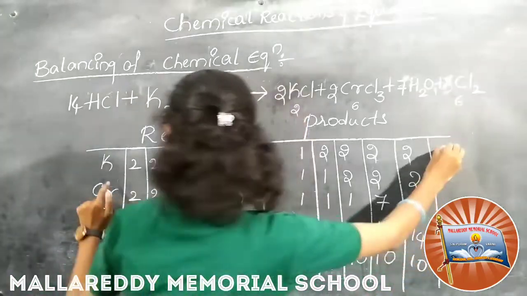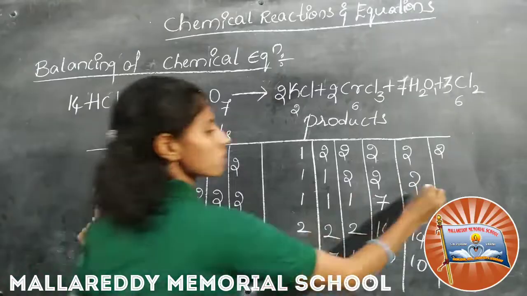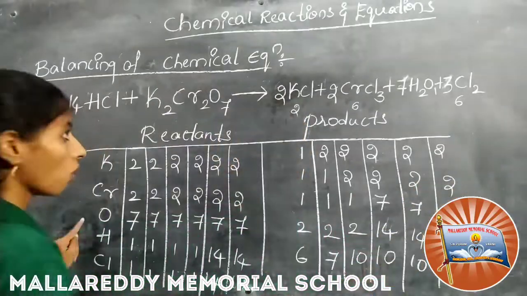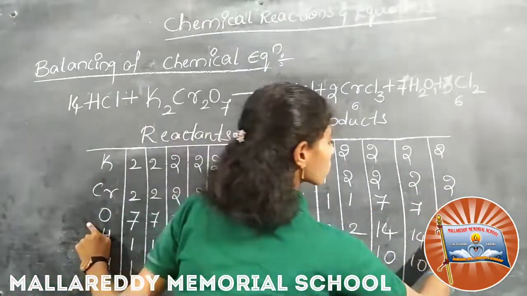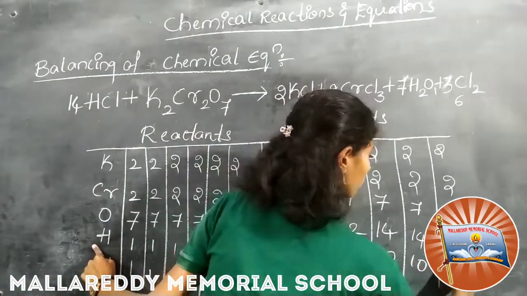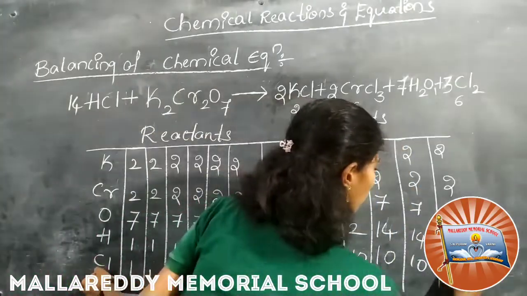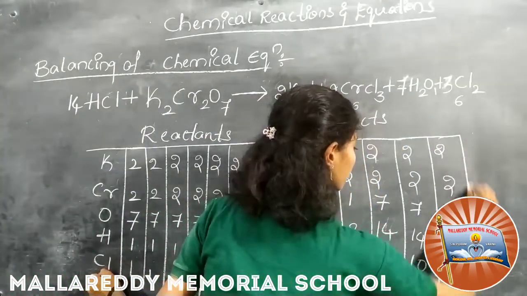The potassium remains the same, chromium is also the same, oxygen is also the same, hydrogen is also the same. Now chlorine atoms are increased from 10 to 14.